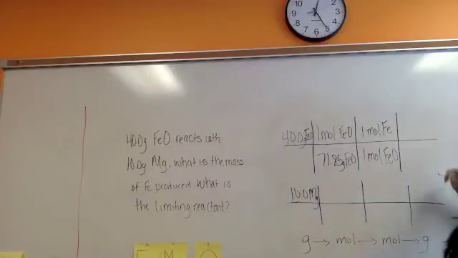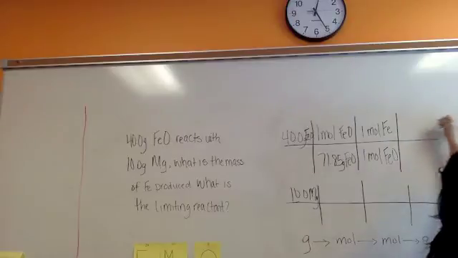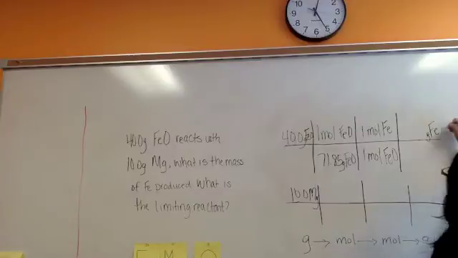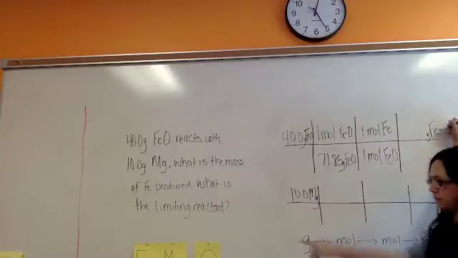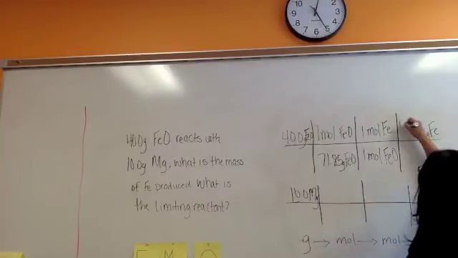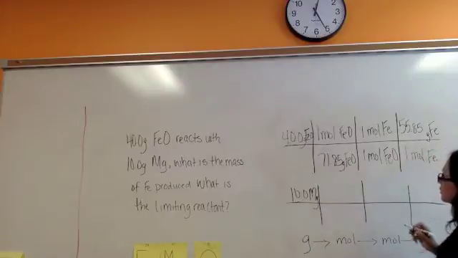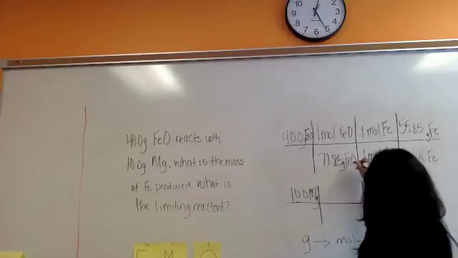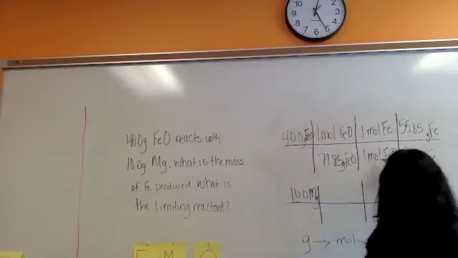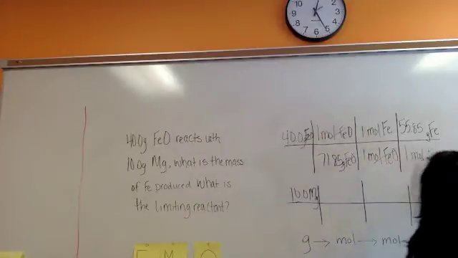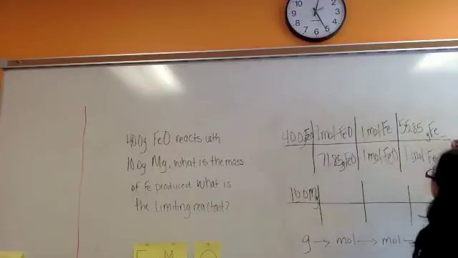And the next step will be to find the grams of iron, in which we know that the molar mass of iron would be 55.85, and that would equal 1 mole of iron. At this point, we could do elimination. And then we'll do our calculation.